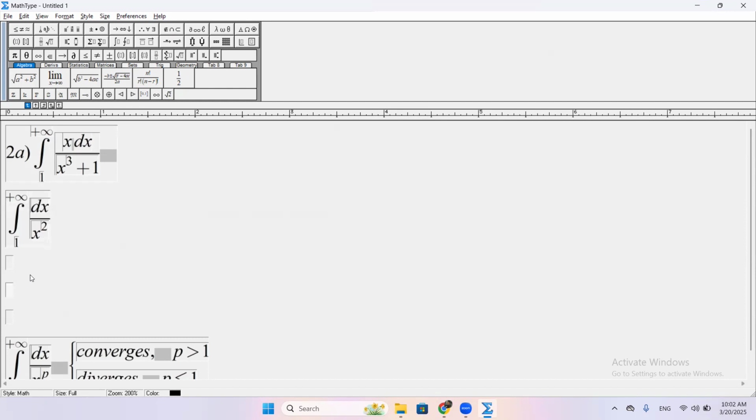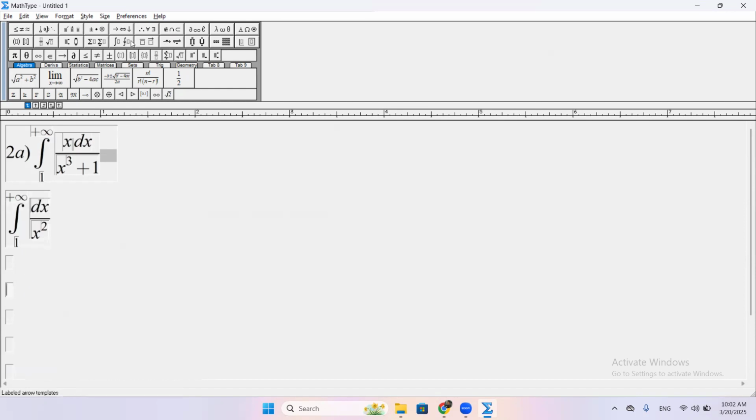So let's calculate the following limit to compare these integrals. When x approaches infinity, I divide the functions: 1 over x square.